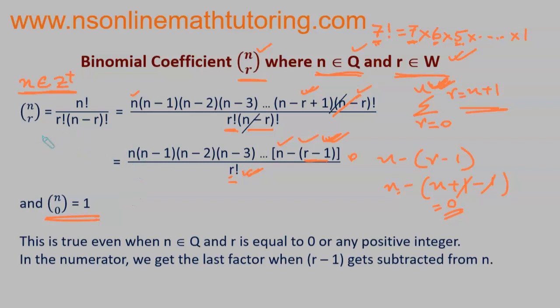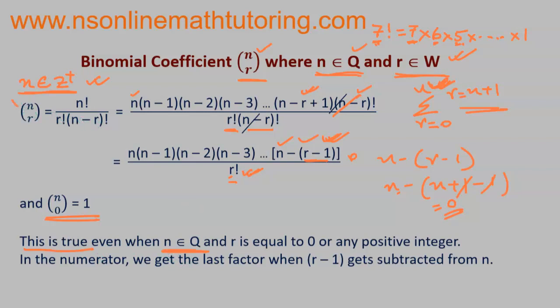This was the case for n belonging to the set of positive integers or natural numbers. Now we are coming to this part. This is true even when n belongs to the set of rational numbers.